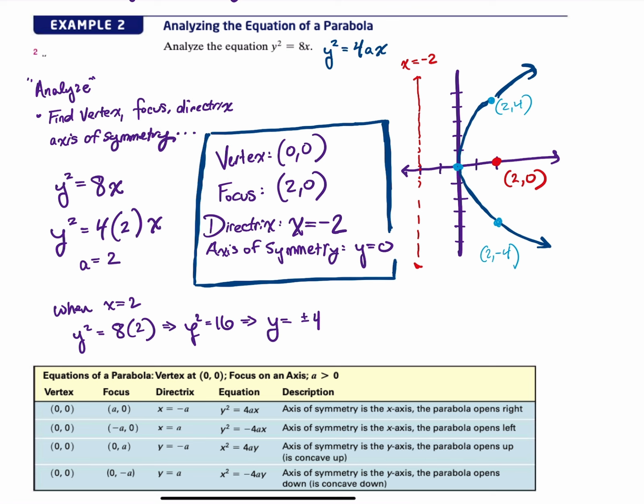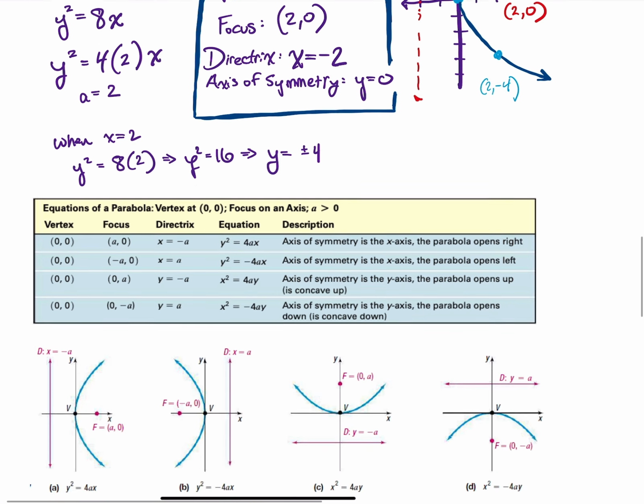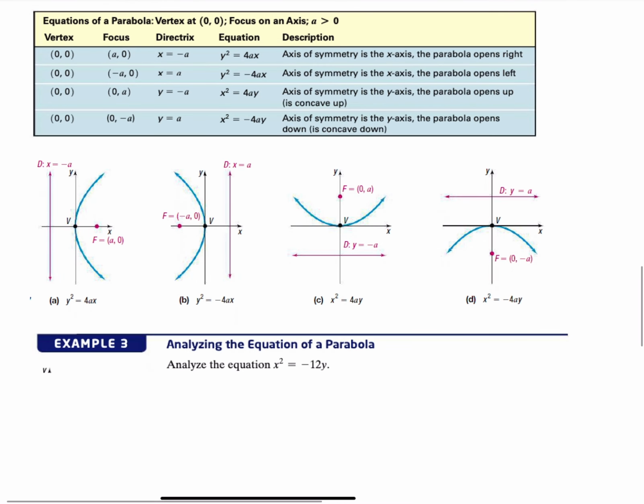So we've just looked at ones that open horizontally to the right so far. If this was a negative x, we would see the same behavior but opening to the left. So the positive and negative can give you an idea of which direction it opens. But it can also open up or down. And let's just take a quick look.